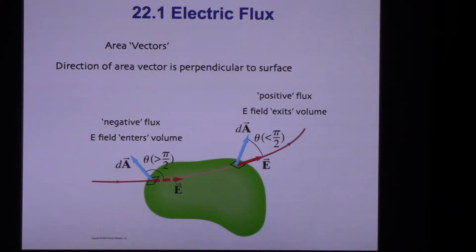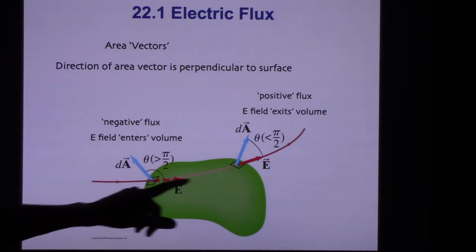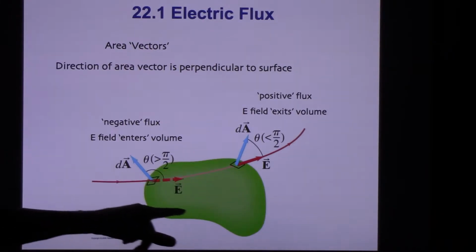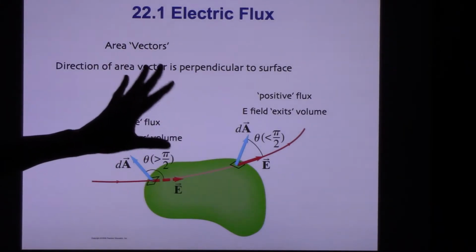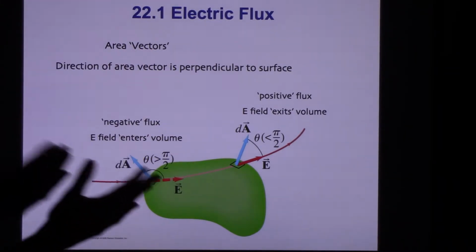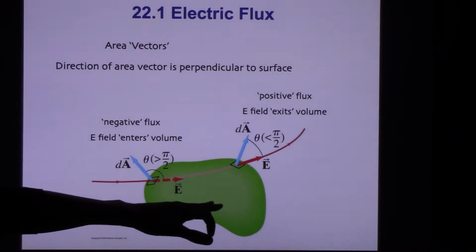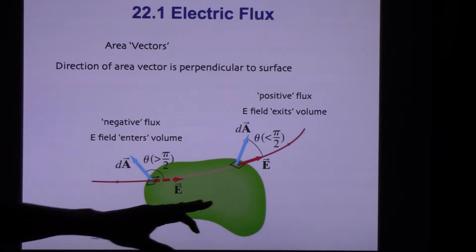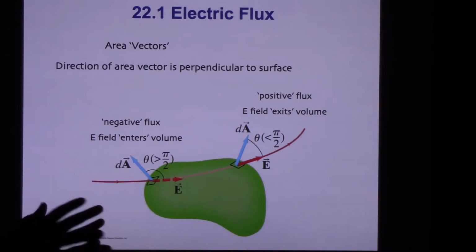Now, why did we bother introducing this? That's because when we look at electric field flux along a closed surface, the green blob here represents a certain volume, and we've surrounded that volume with this surface area.